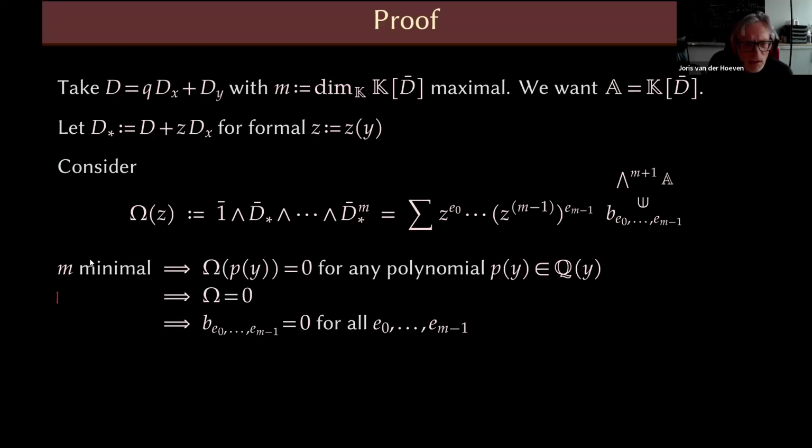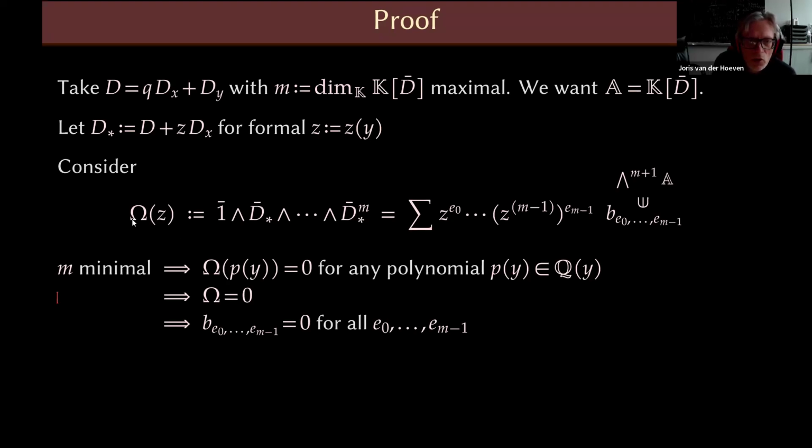And the fact that we chose m to be minimal basically means that when I plug in for z any other polynomial, the dimension of this thing should not grow. So these different things cannot all be linearly independent, so they have to become zero.